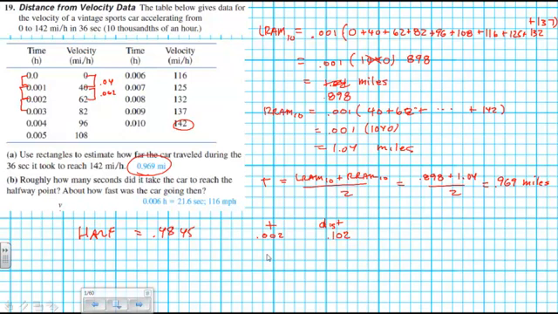Still not halfway. How about when we're at 0.003? Well, again, using the right-hand estimator, we're going to be another 0.08 of a mile further. That would get us to 0.184. Still not halfway.